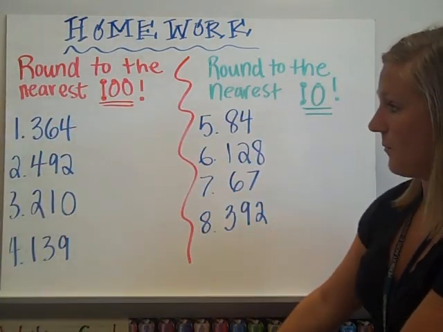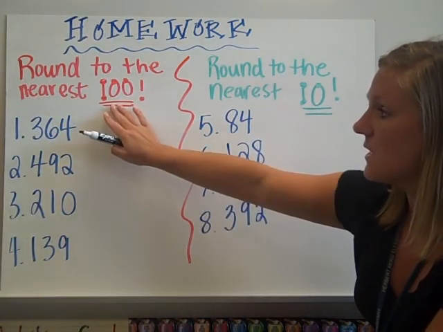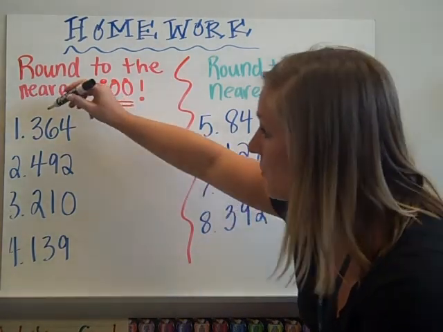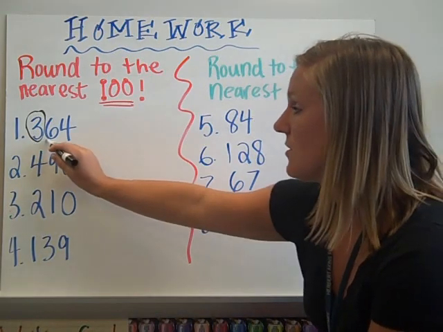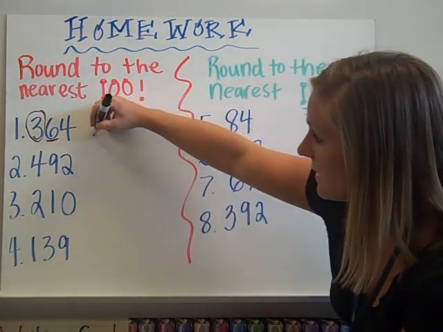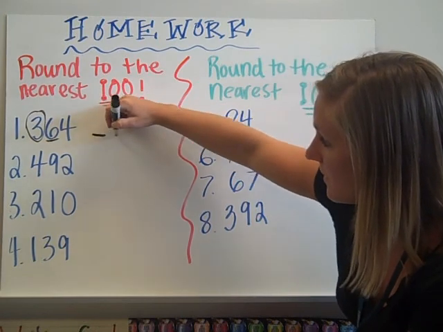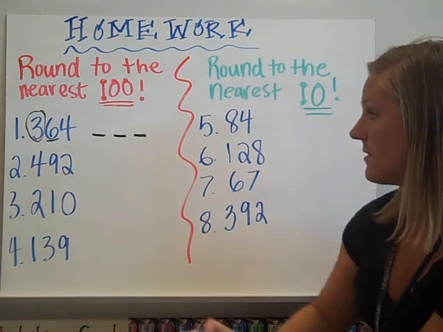Here is your homework. I'd like for you to round questions 1 through 4 to the nearest 100. So you will be circling the digit in the hundreds place, underlining the digit to the right, okay, and each of these is going to have 3 dashes, so you have 3 places to fill in for each of these.